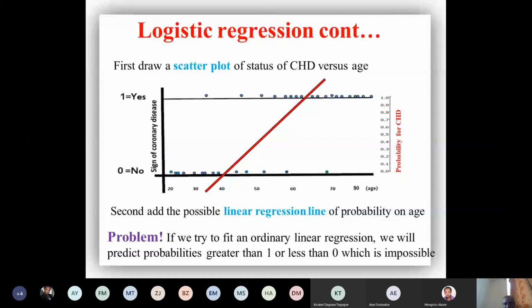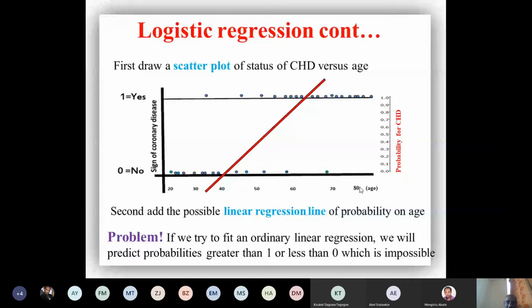But if we group and calculate the probability of developing CHD in that age group, then you may get probabilities between 0 and 1, other possible probabilities.